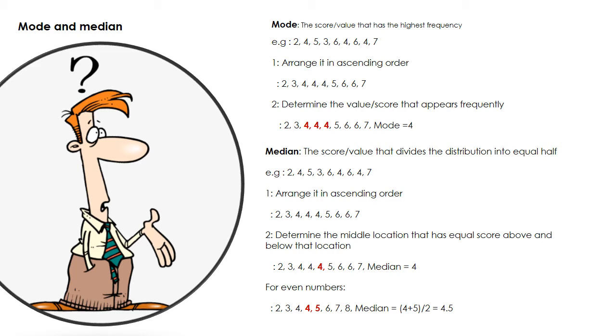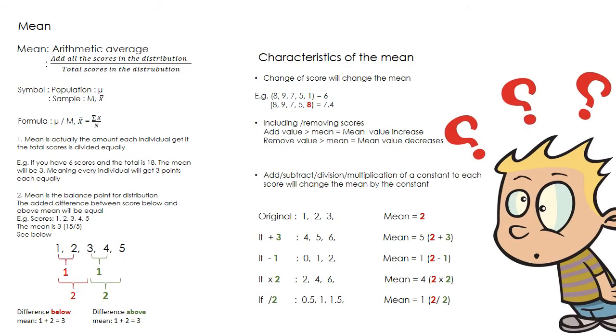So these 4 and 5 are actually the location. But remember, when you summarize, there's only one value. You cannot have two values. So for the median, you take both scores 4 and 5, divide by 2, and you get 4.5. So 4.5 is your median.